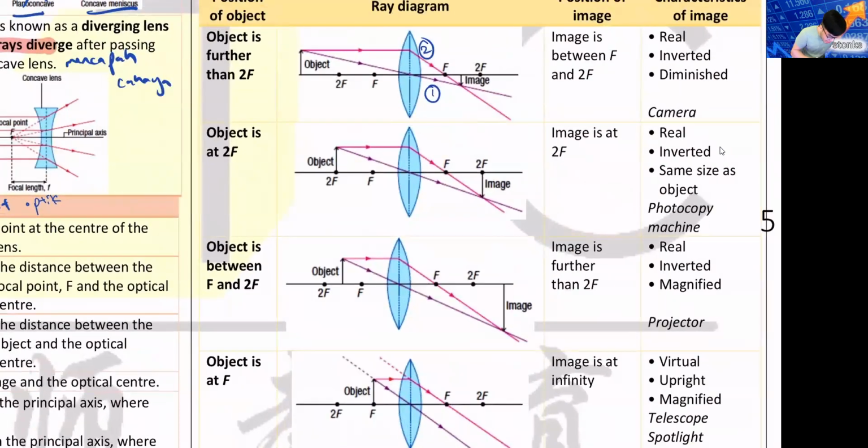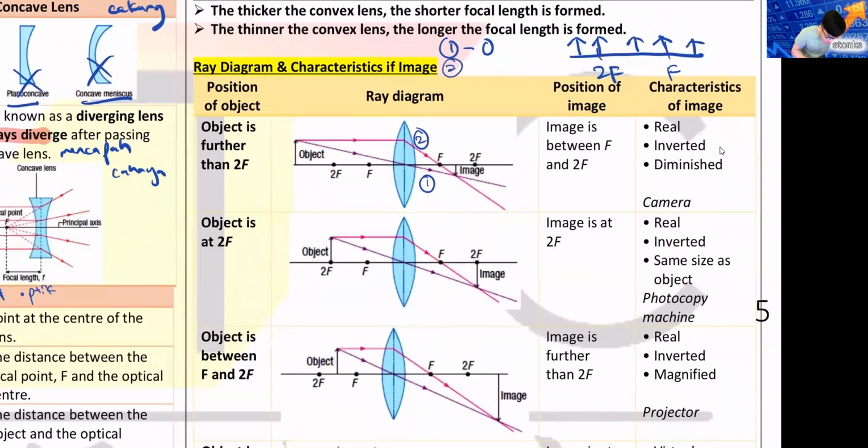And then the second line is to go through your F, which is your focal point, titik fokus. How do you do this? You draw it straight, parallel to this axis here, and then you bend towards F. Why does it bend towards F?